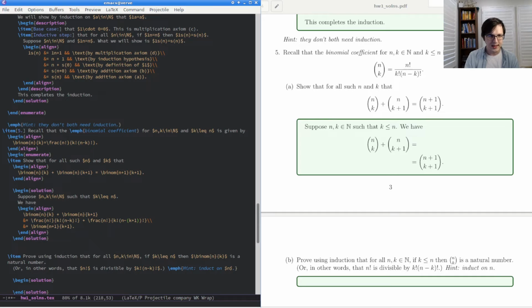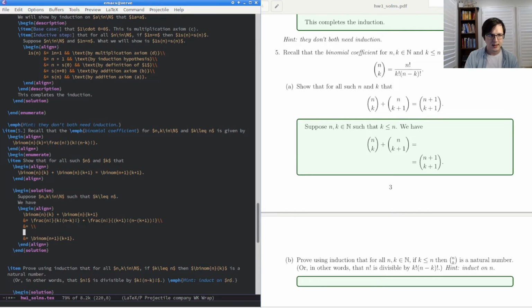So okay, I plugged it in with k plus 1. Oh, that should be k plus 1. And then also down here, let's plug in the definition. So n plus 1, k plus 1, and k plus 1.